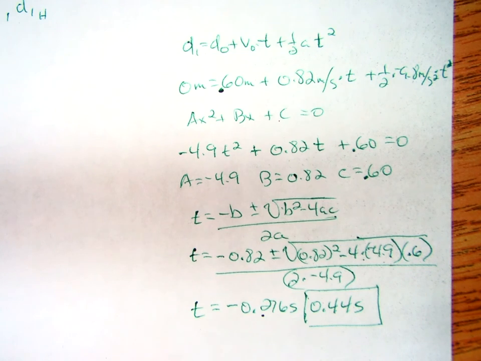Okay. So now we have the time, and we know that when the projectile hits the ground vertically in 0.44 seconds, it also stops traveling through the air horizontally. So we're going to take this number and go back to our unknowns, and we're going to solve for D1 horizontal using 0.44 seconds.